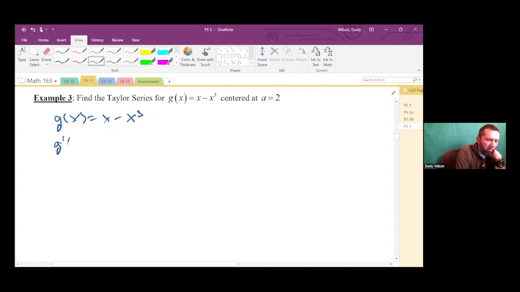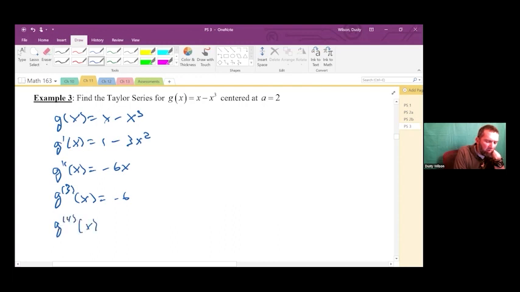G prime of x will equal 1 minus 3x squared. G double prime will equal negative 6x. The third derivative will equal negative 6. And the fourth derivative will equal 0, as will all the ones after it.